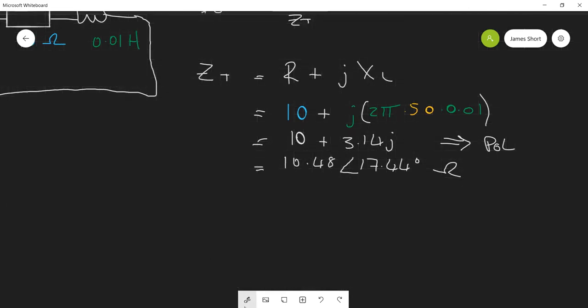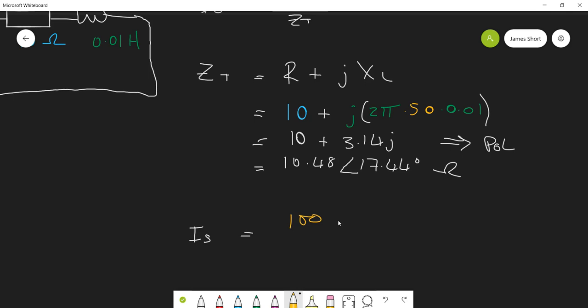Alright, so we've got the impedance. Now what we need is the supply current. So Is is equal to the voltage. The voltage was 100, and that was at 0 degrees, and that's going to be divided by 10.48 at 17.44 degrees.